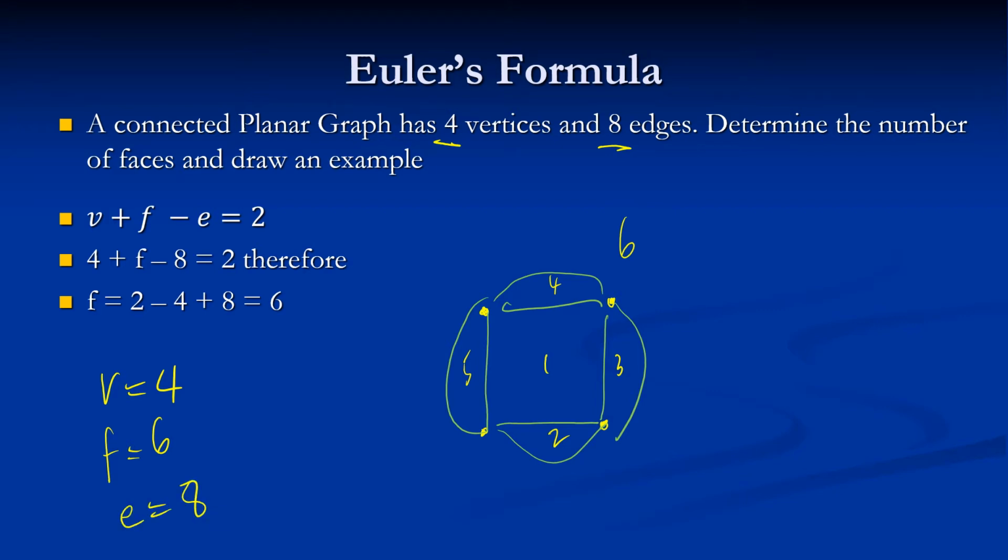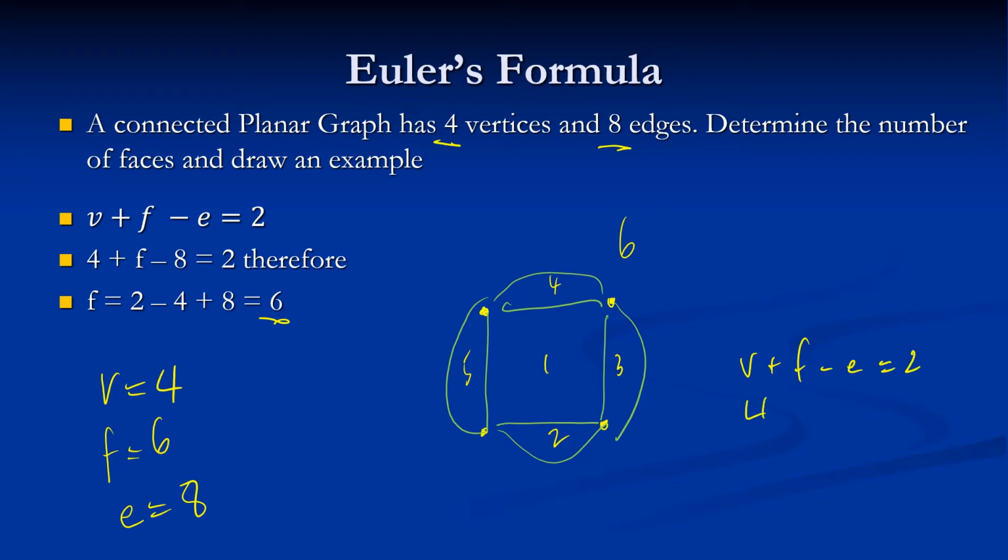So all we do now is just do the substitution. So, it says we should have 6 faces there. So just sub that into Euler's formula. So what do we say? V plus F minus E should equal 2.